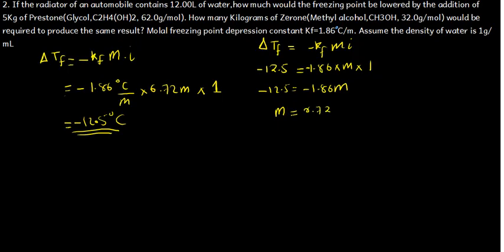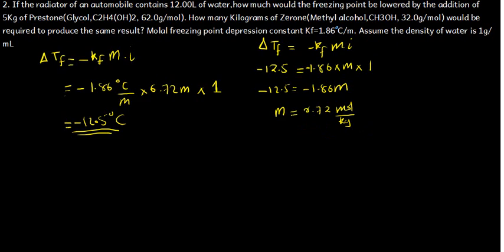And we know that molality is in mole per kg, which is molal. Now the question is how many kilograms, so we want the answer to be in kilograms. How are we able to do that? Well, we are going to get this term and convert it into mass.